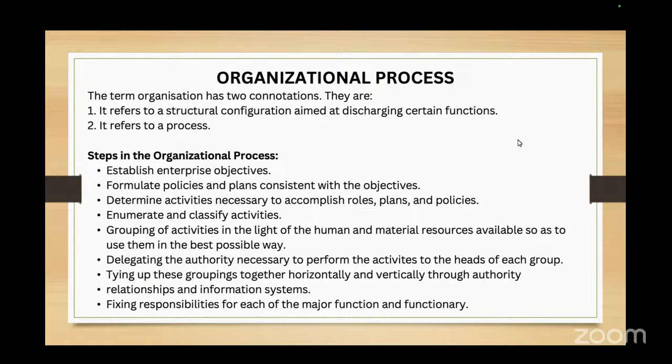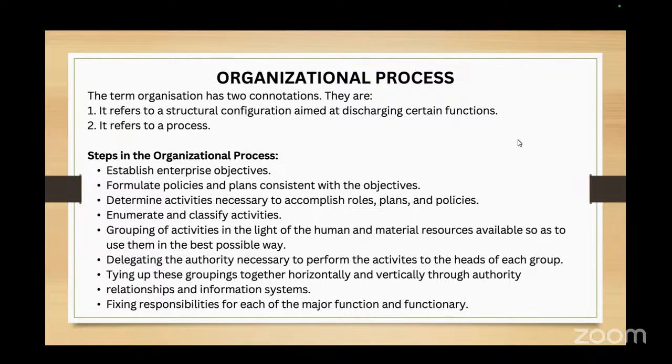Structure is the arrangement of roles and positions to get things done, whereas process is the ongoing activities that work together to help achieve goals. When we talk about organization in this way, we generally focus on the second meaning, the process. It's about creating a framework where tasks are arranged to achieve the goals in the most efficient way possible.